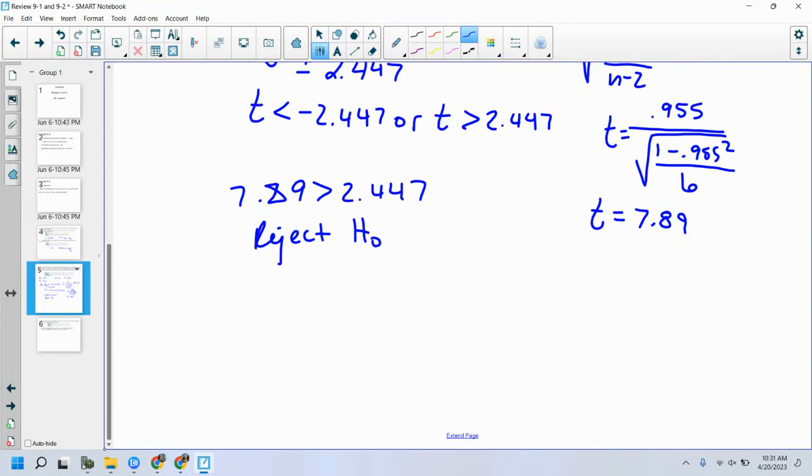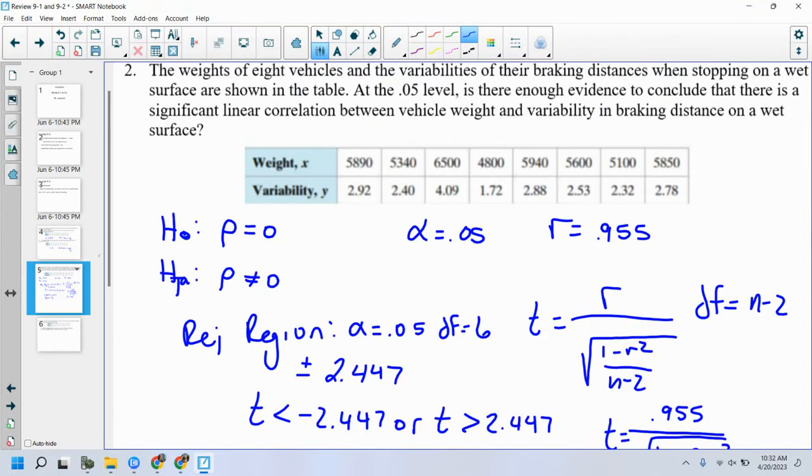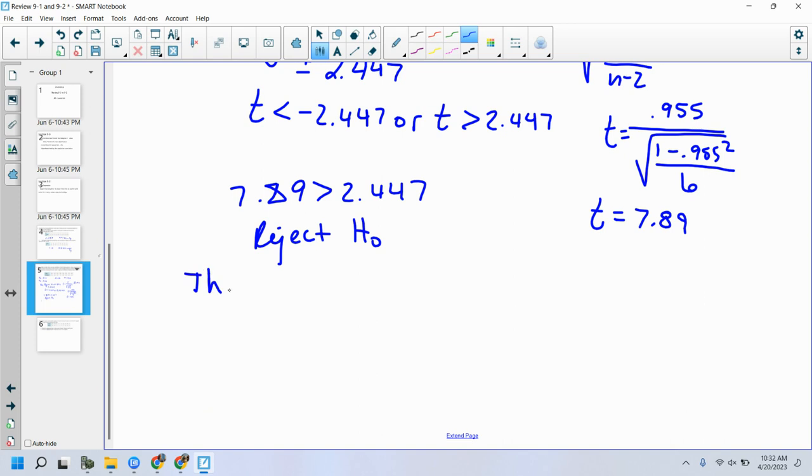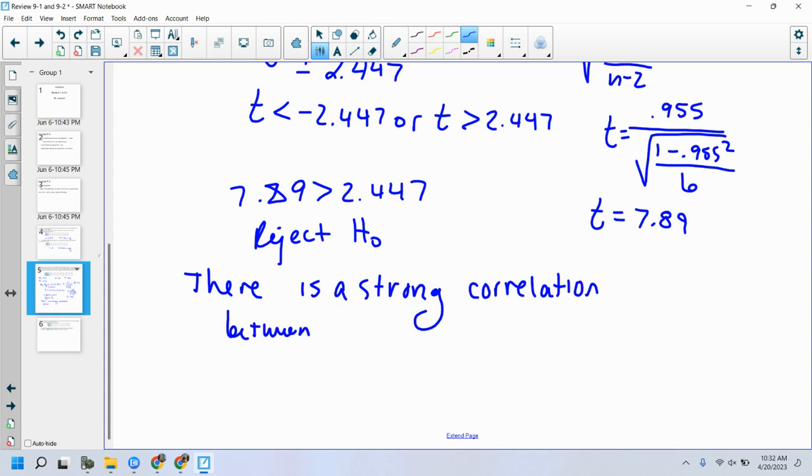So I can say that there is a strong correlation between stopping distance and weight of the car.